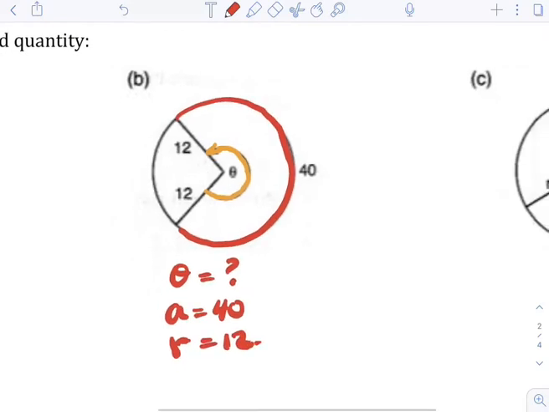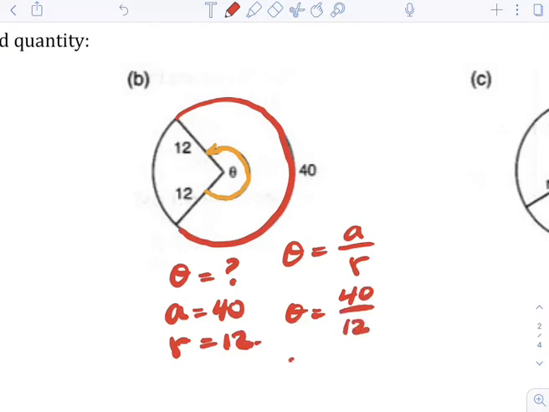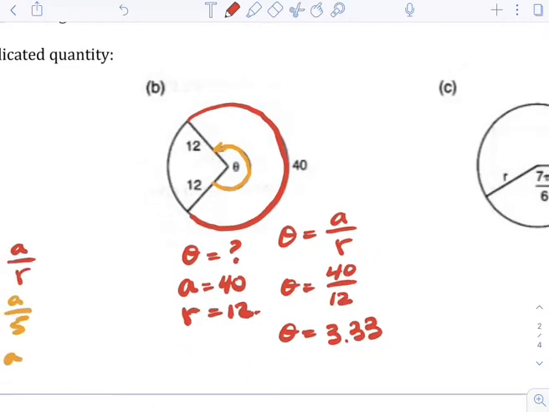So that's enough for us to solve it because we know the formula. Theta is equal to a over r. So theta is equal to a, which is 40, divided by 12. Theta is equal to, put in our calculator, 40 divided by 12, and we end up with 3 1/3, or 3.333. That continues on forever.